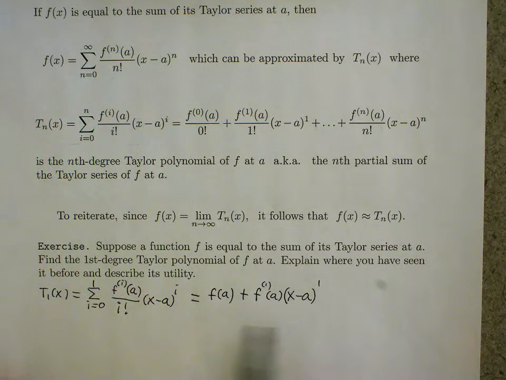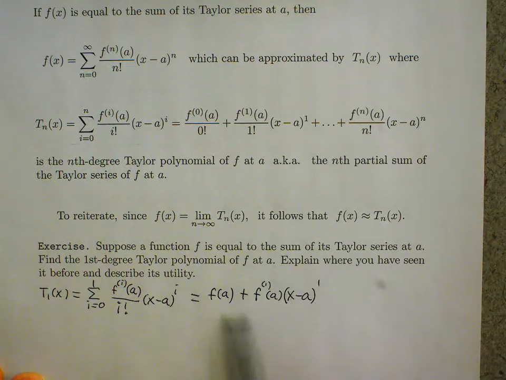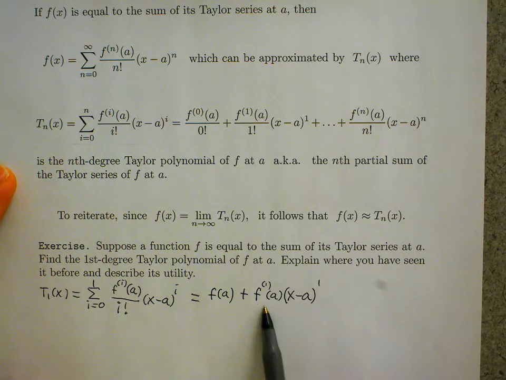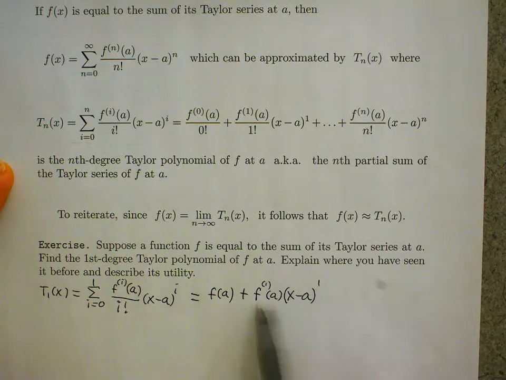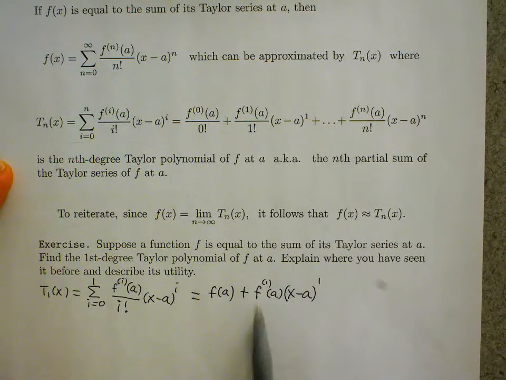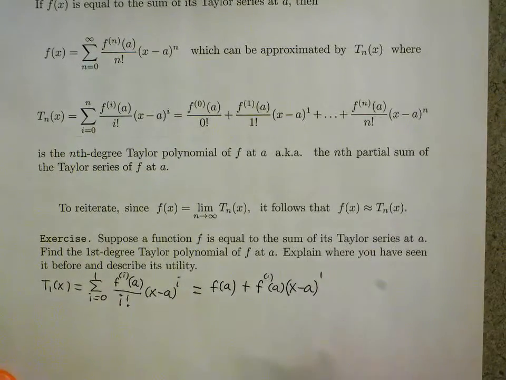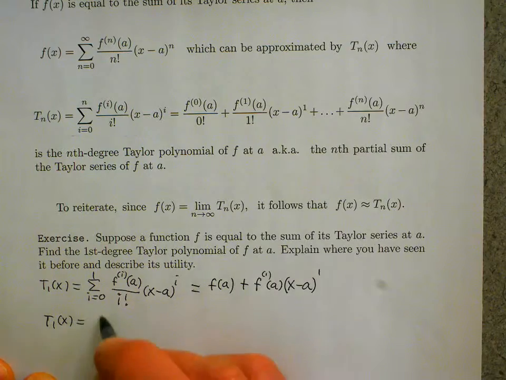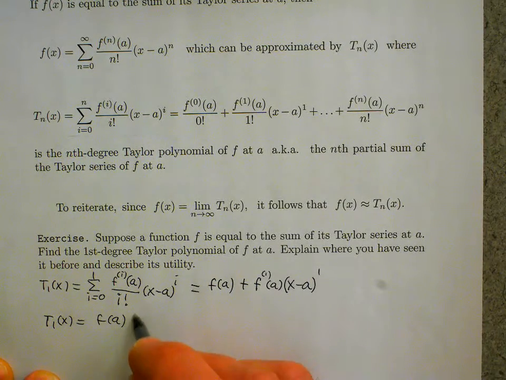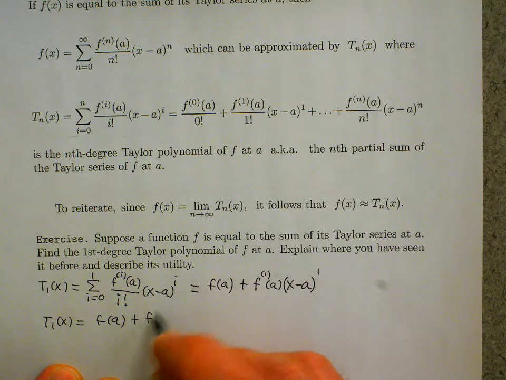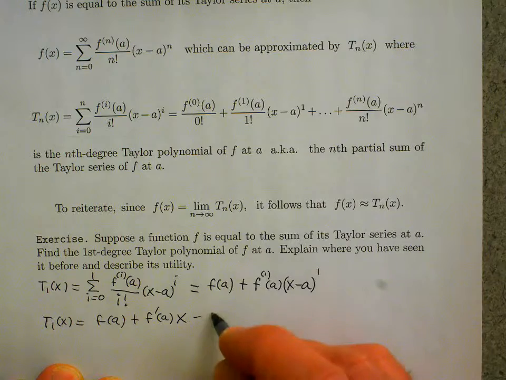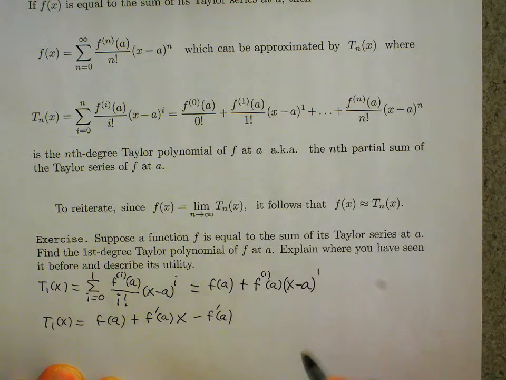If we distribute multiplication by f prime of a, I'll just use f prime instead of this other notation. So this first degree Taylor polynomial is f of a plus f prime of a times x minus f prime of a times a.